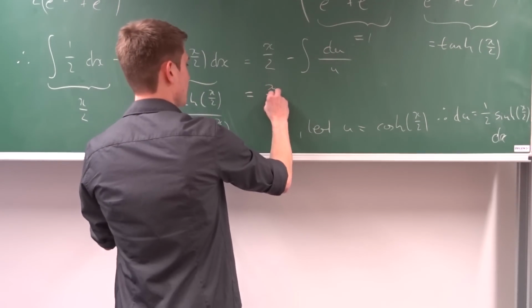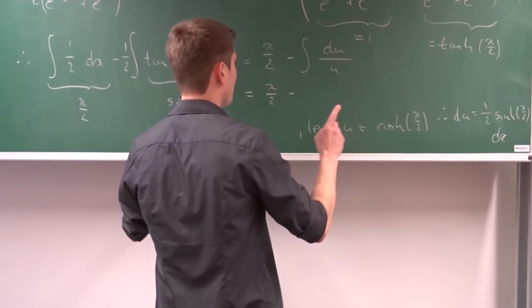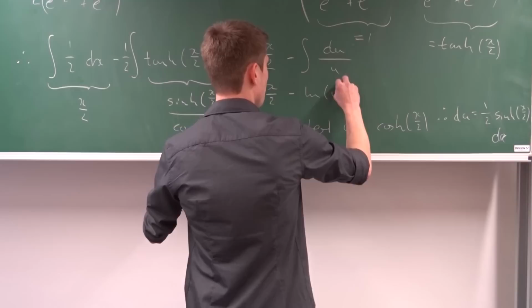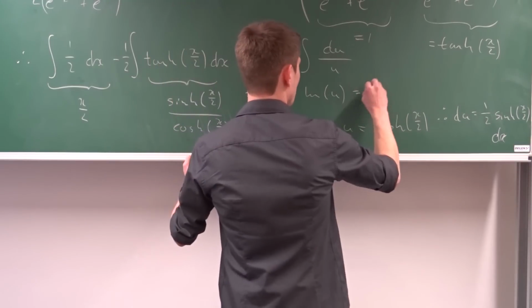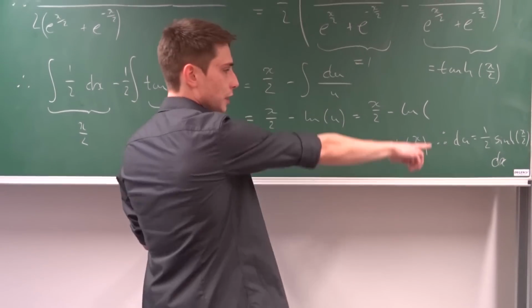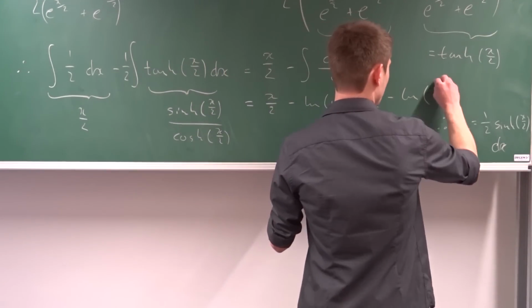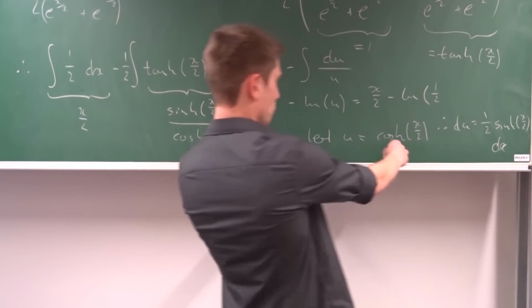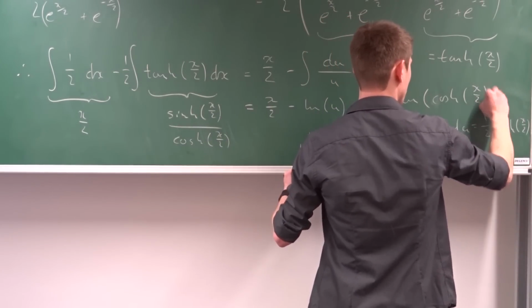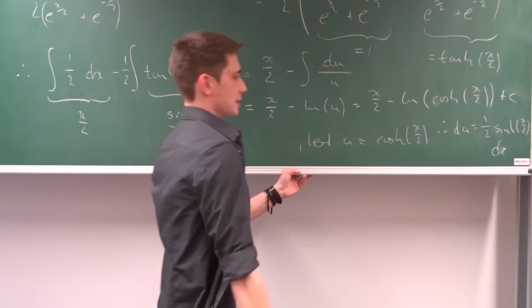And this is just x over 2 minus the natural log of u. But what is u? It's just this expression right here. It's the cosh of x over 2. Plus some constant c.